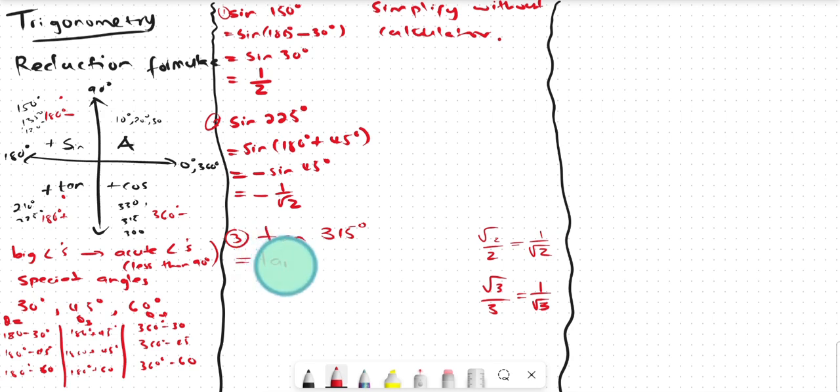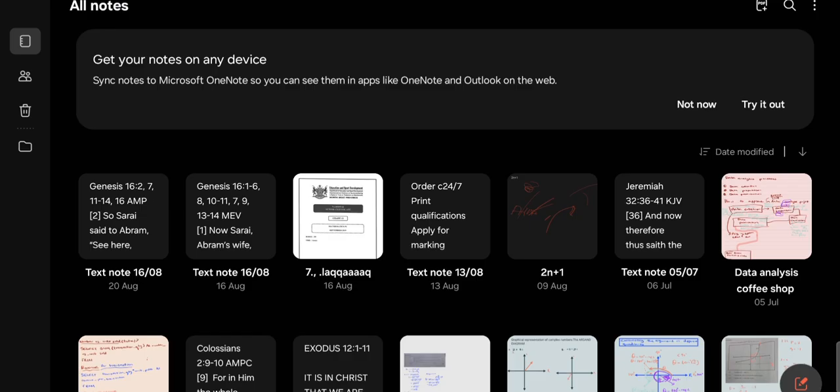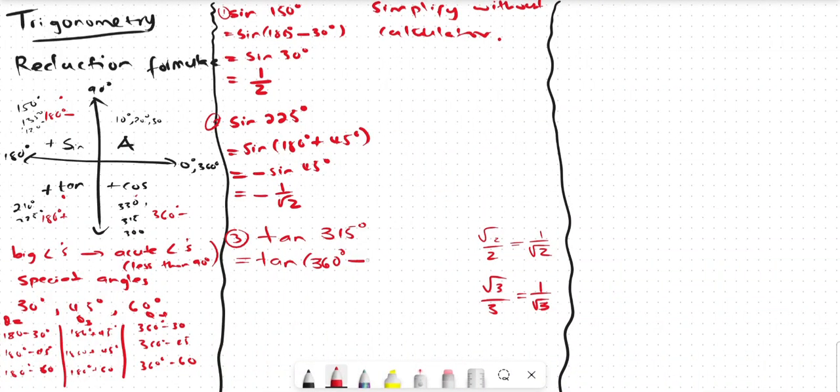Tan 315 will be in this quadrant. So I'm going to have tan of 360 minus what? For me to get 315, what must I subtract? Can I subtract 30 or 45 or 60? 45 will do. Then I go 45 degrees.